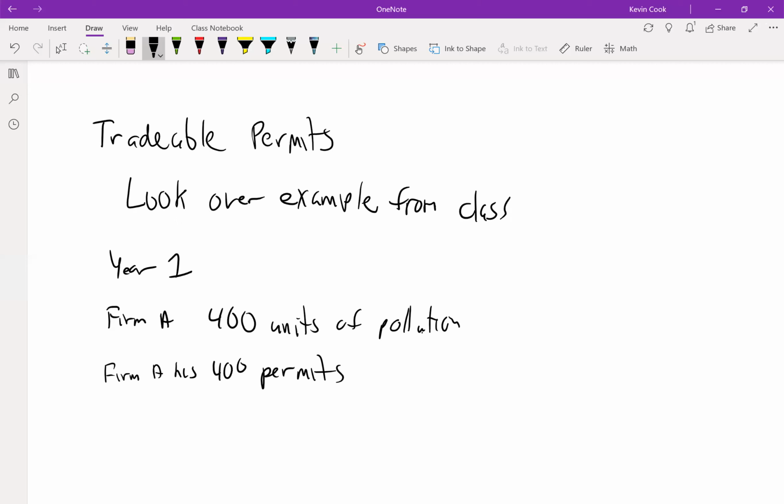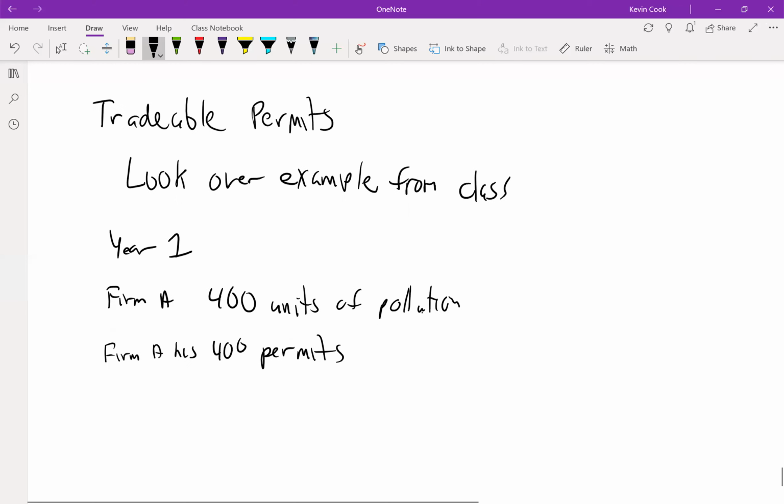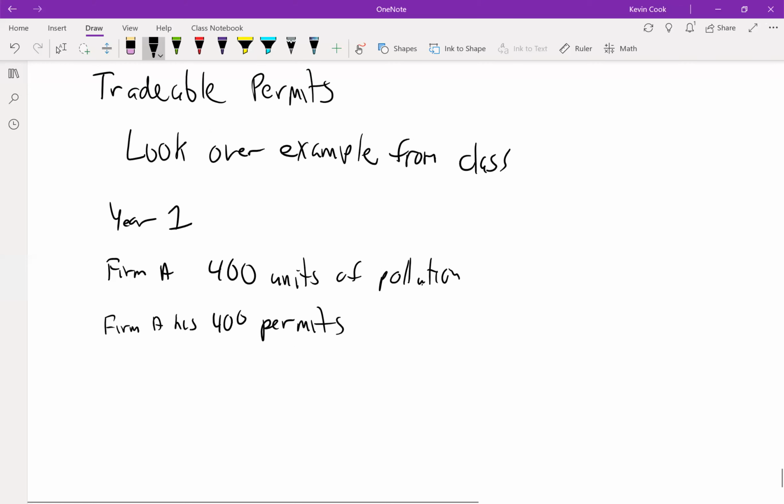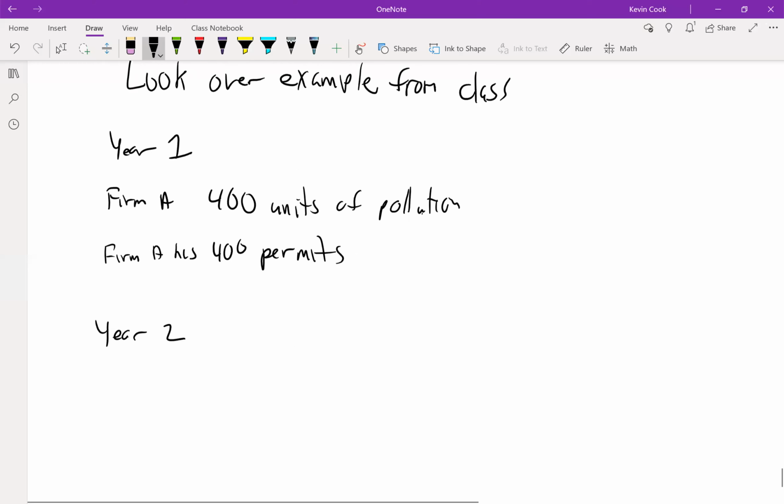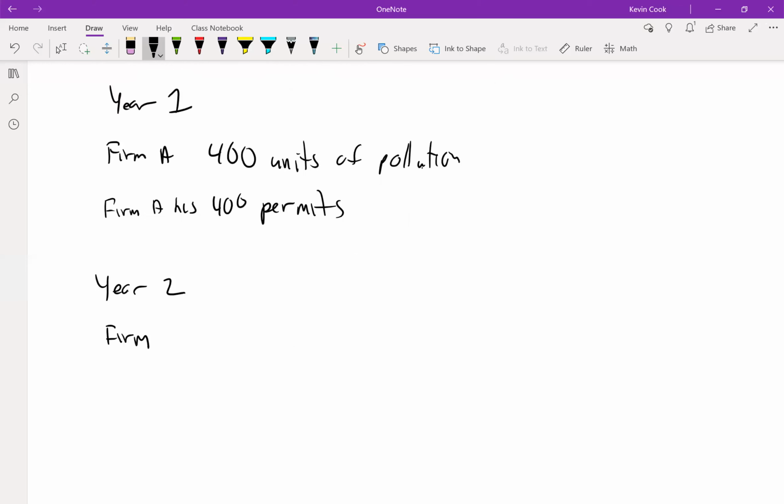So then suppose that in year two, we're told that they reduce their pollutants from 400 to 260, but they also get fewer pollution permits. Again, just read stuff and figure out what they actually do. And if you have to write it down, write it down.